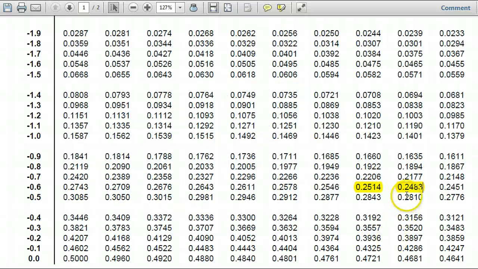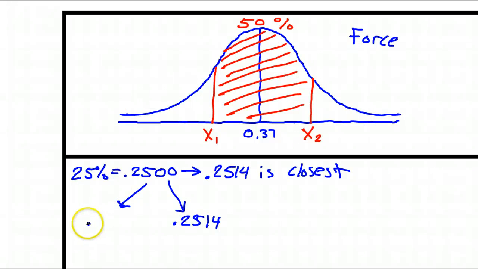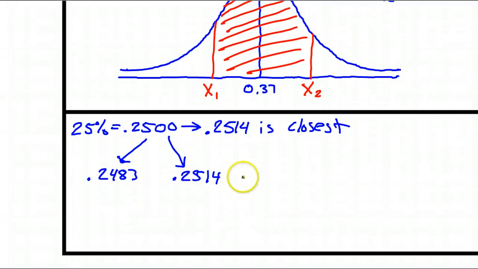On the below side, we have 0.2483. If you really want to know which one is closest, whether you do it mentally or not, you are subtracting.